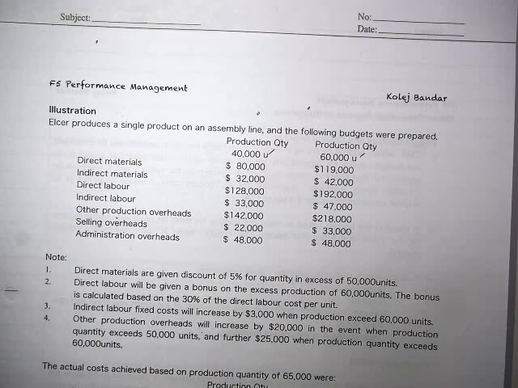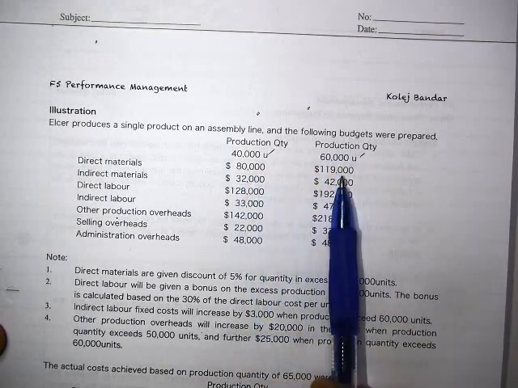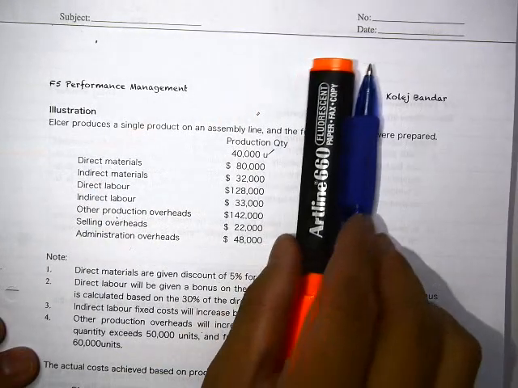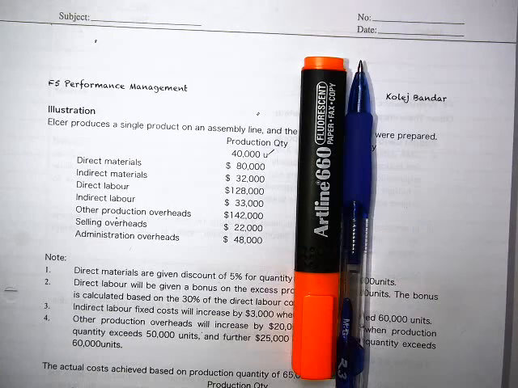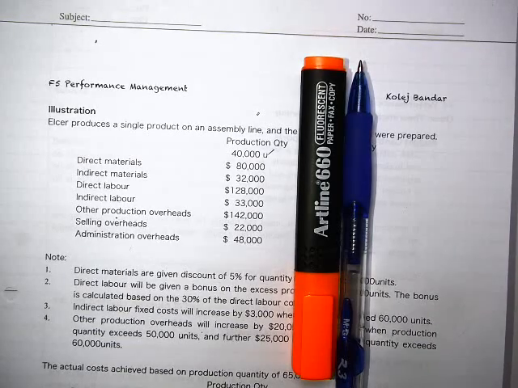But there are cases where the question doesn't give you two columns. They only give you the cost at 40,000. This was one of the past questions that the examiner gave. In that case, there's no high-low, because you don't have two activity levels.